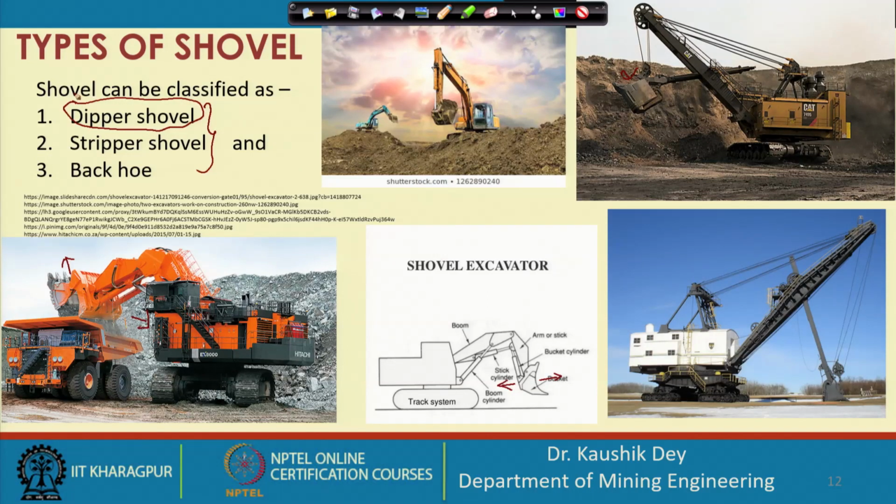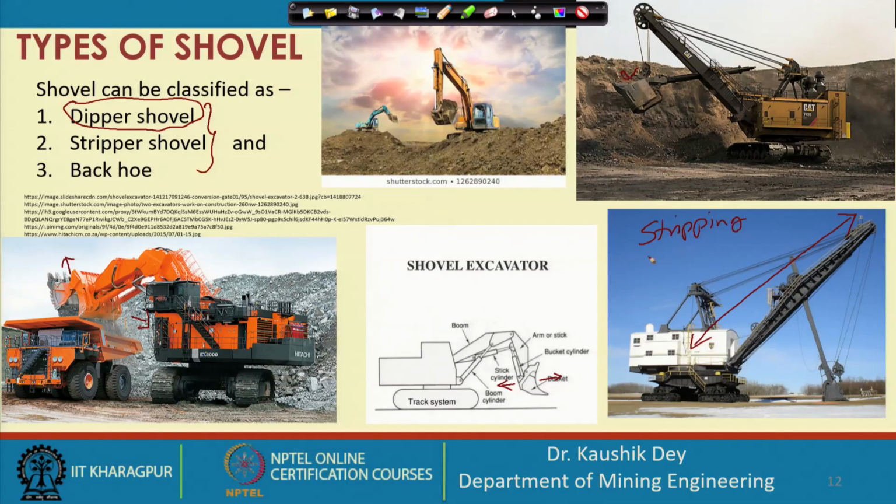Stripper shovel is a type of dipper shovel, but whose boom length is very long, in multiples of 10 meter, 20 meter, 30 meter, sometimes more than that also, and in general this is the type of dipper shovel which is used for the stripping purpose.